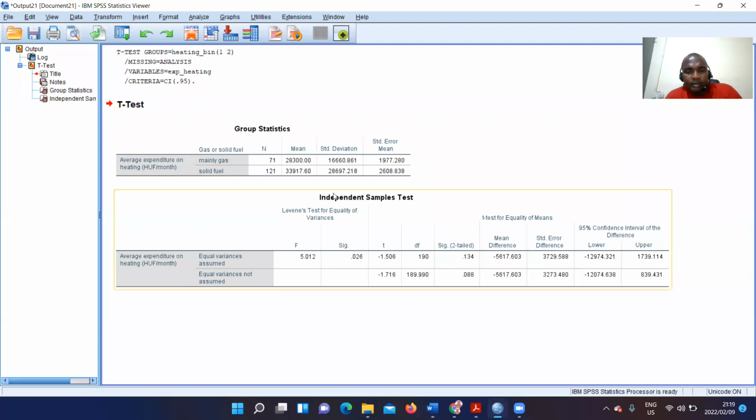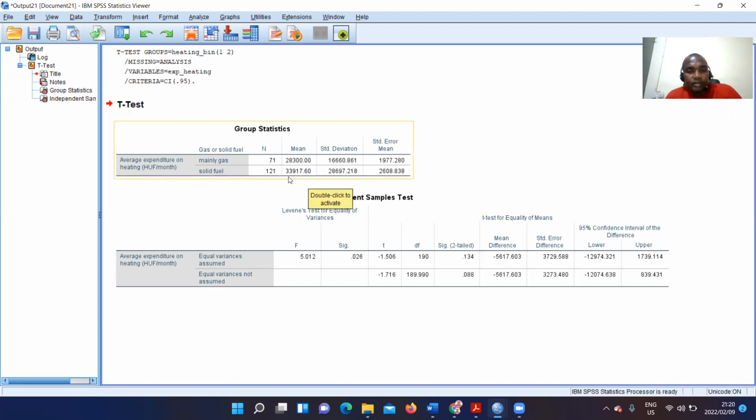And then if you look at the calculated statistics, I will omit this table above because it's just covering descriptive statistics, the group statistics, per average expenditure on mainly gas, mainly solid fuel. If you look at on gas, it's 20,300 Hungarian forint.